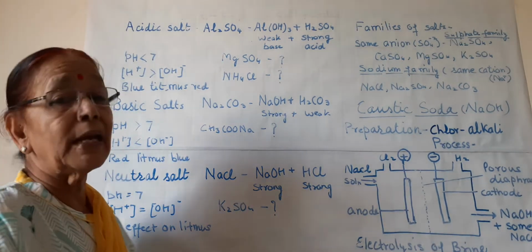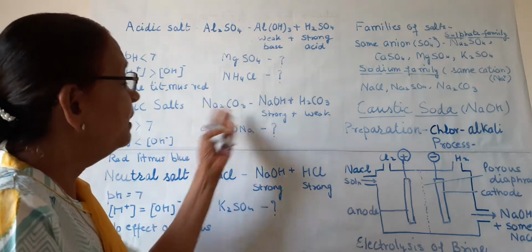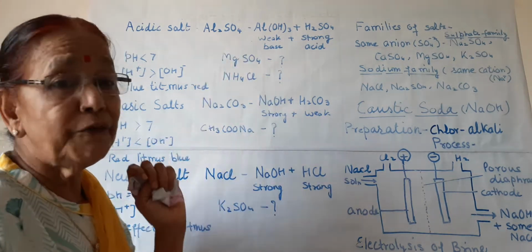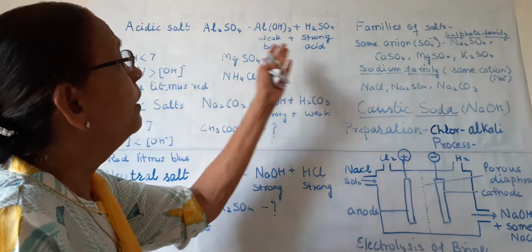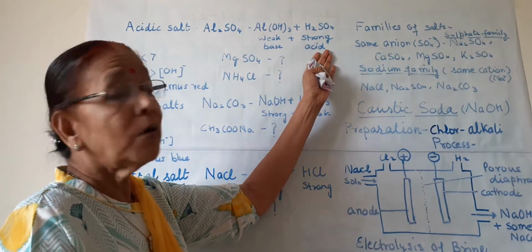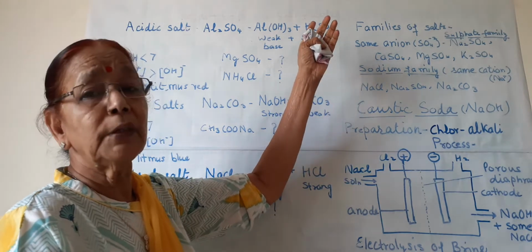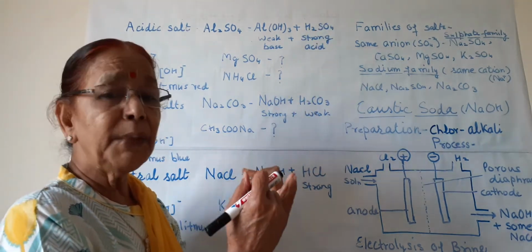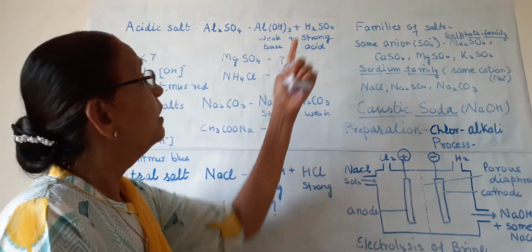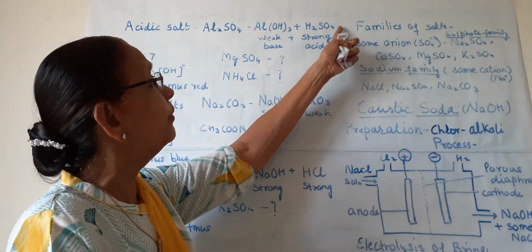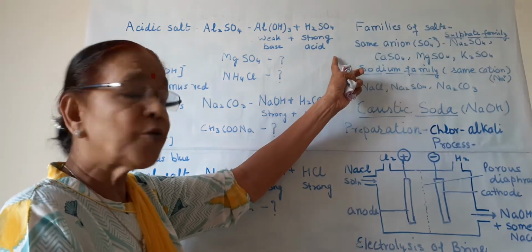Now the question arises, what is the difference between these three and how are they formed? Acidic salts are formed when a strong acid reacts with a weak base. You know the strong acids, the three main ones, are hydrochloric acid, sulfuric acid and nitric acid.